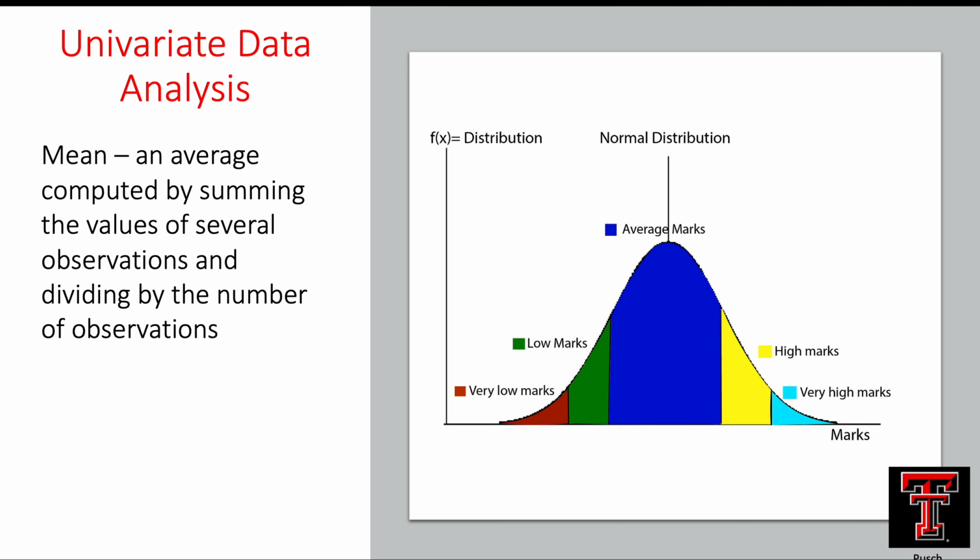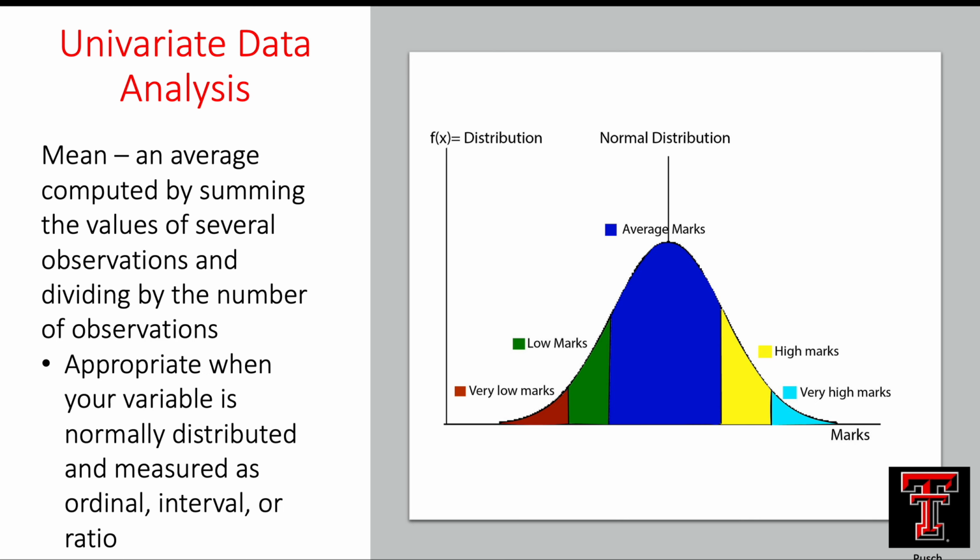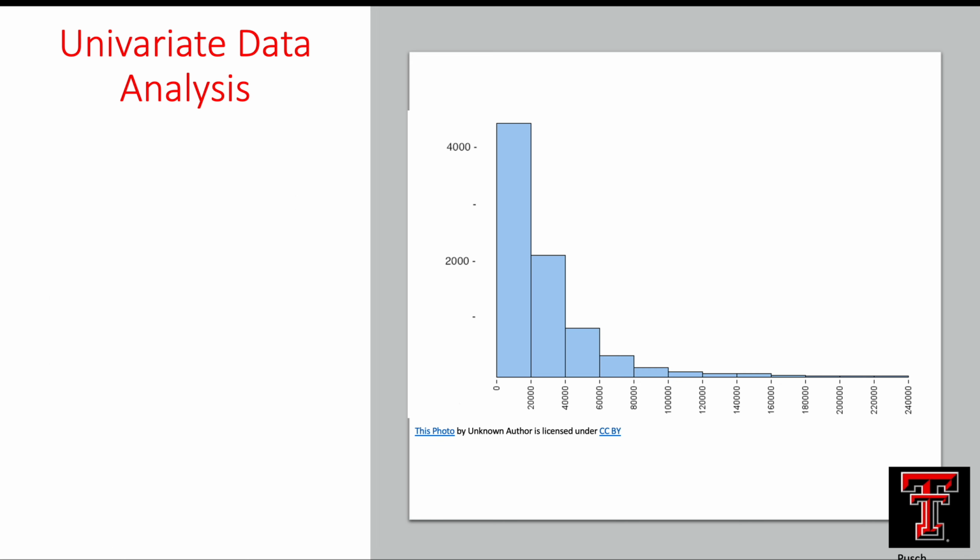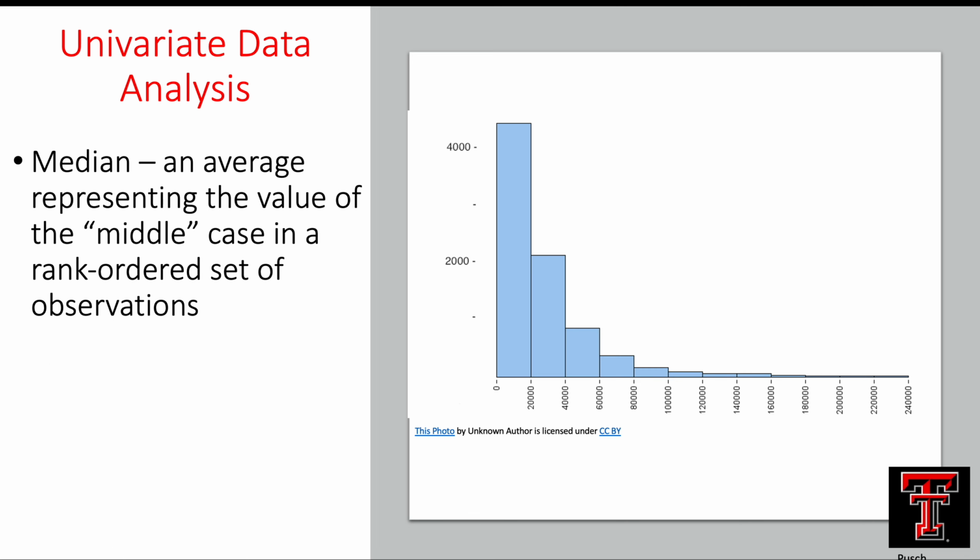You do this when you have an interval ratio level variable, also works usually for ordinal variables, and it's not highly skewed. So if you have a normal distribution, if you do not have a normal distribution, you're going to want to use the median.